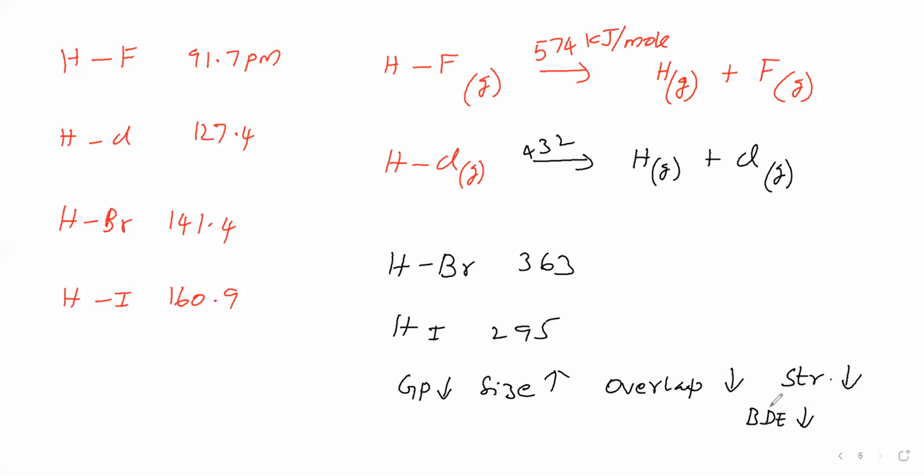So now we will see acidic strength. What happens to acidic strength? Now for HF, pKa is how much? 3.2. For HCl, pKa is -7. pKa is -7 means Ka is equal to 10 to the power of +7.